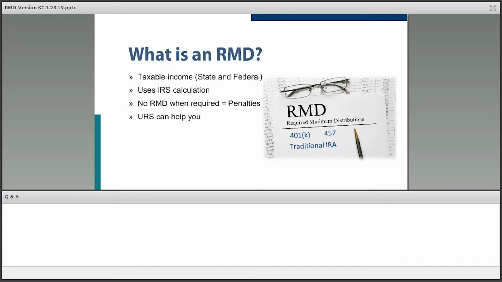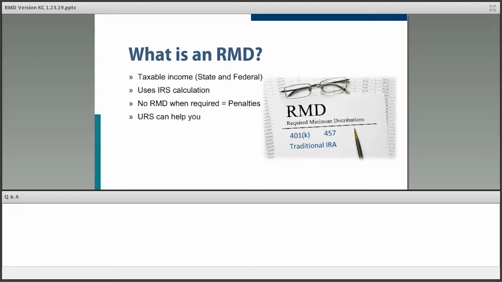One of the questions that comes up, and I've just alluded to this, is people will always wonder when it's time to take their required minimum distribution if they will owe state and federal taxes on that money. And required minimum distributions are regular old taxable income, and so state and federal income taxes are required.